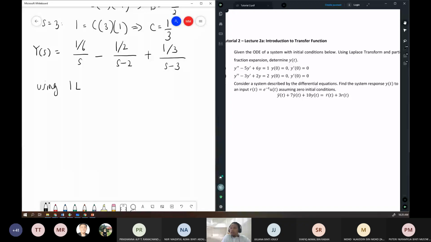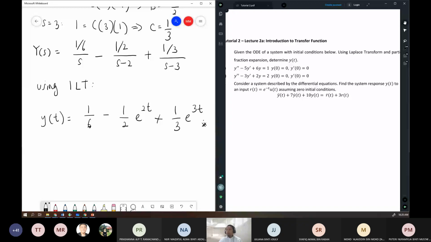So y(t) equals 1 over 6 minus 1 over 2 e^(2t) plus 1 over 3 e^(3t).